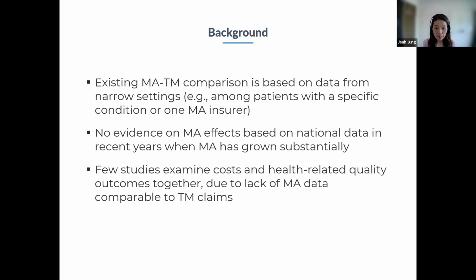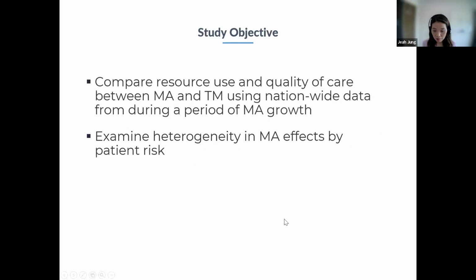The lack of studies is because of a lack of MA data comparable to TM claims until recently. So now finally this MA encounter data came in, so we can actually compare Medicare Advantage and traditional Medicare, or fee-for-service. I am going to use the term TM a lot, and this is traditional Medicare.